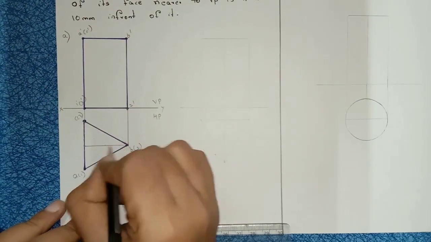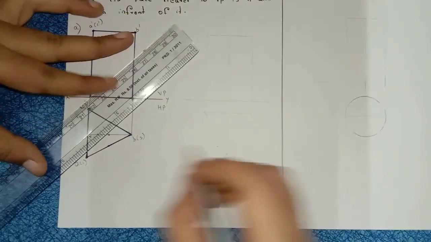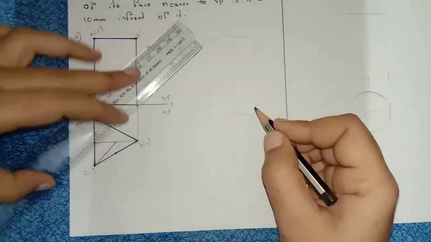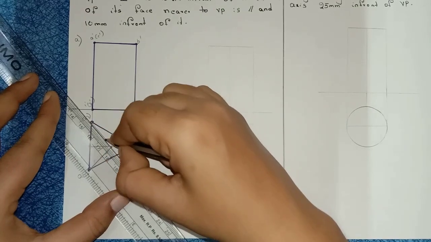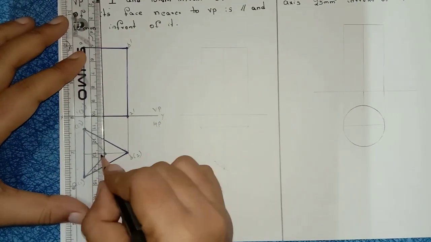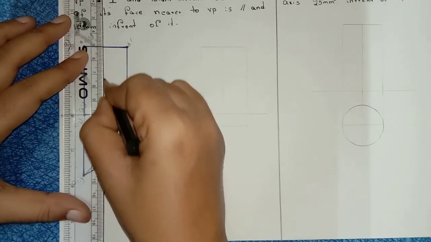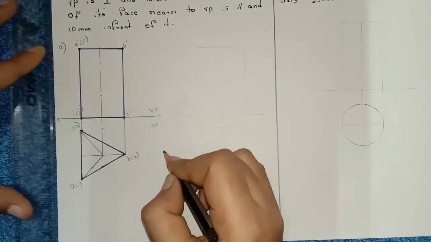To this line I will mark the midpoint, measure that length and mark the midpoint. Now join A to this point, and C to this point. Now from this point draw the axis line. The axis line should be dash dot dash dot. So this completes the problem.